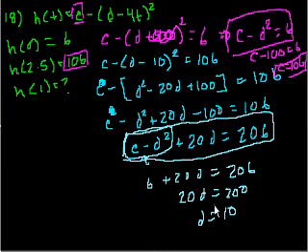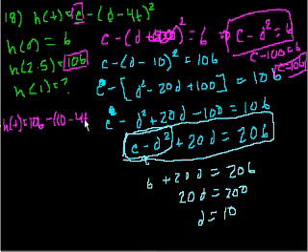So we know c, we know d, so we know the function is now h of t is equal to 106 minus 10 minus 4t, all of that squared. And so we want to know what happens when t equals 1.